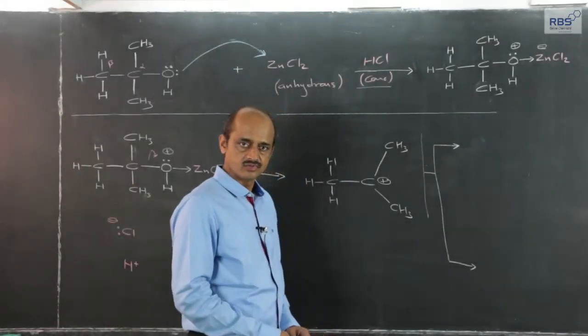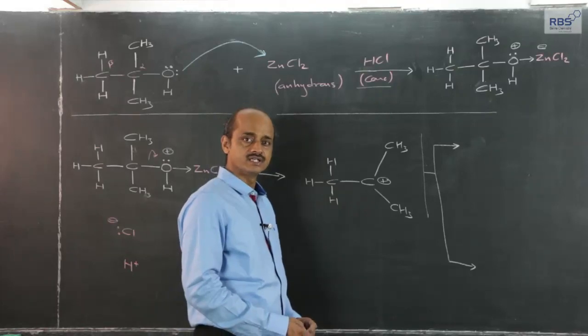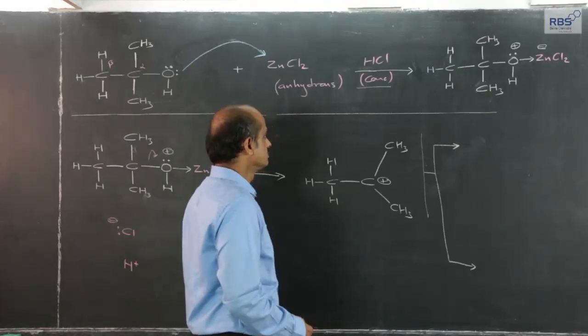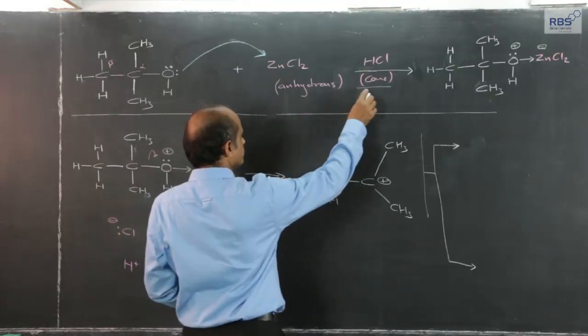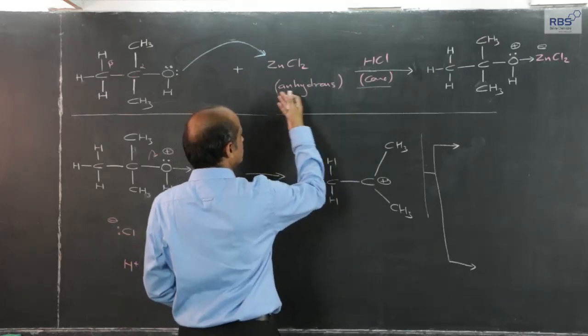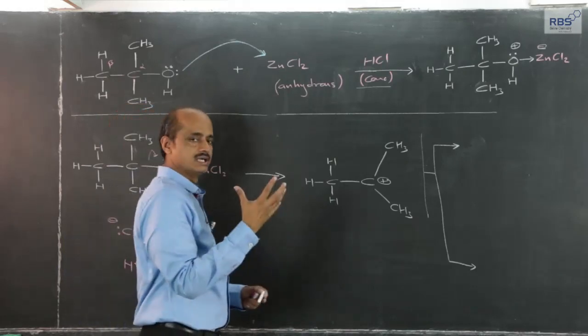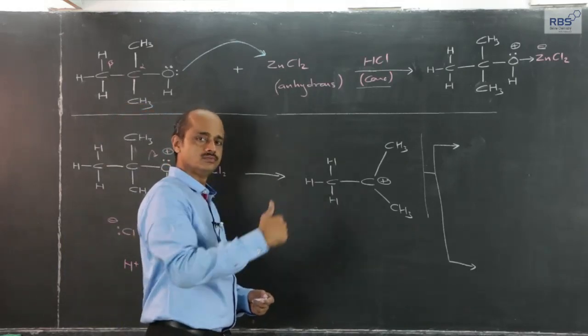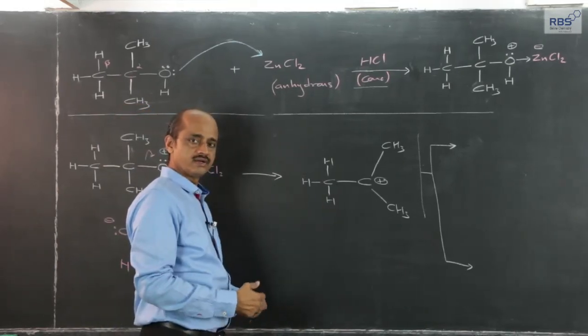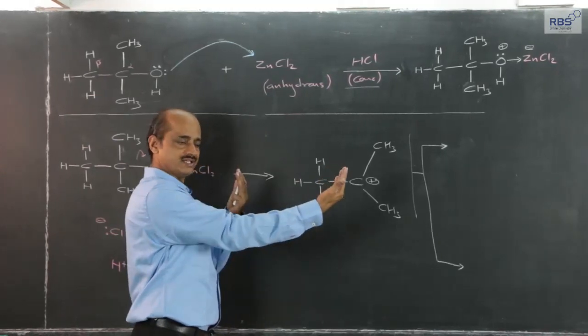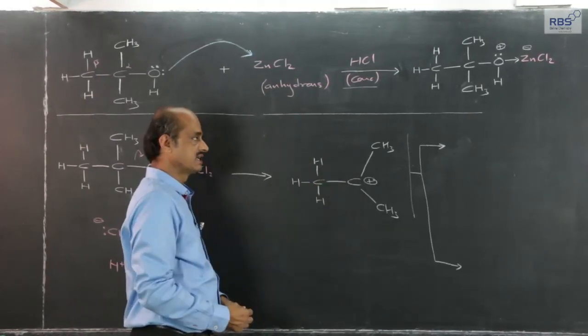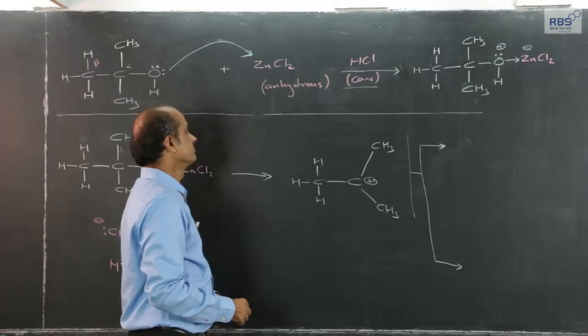Dear friends, we are considering the action of Lucas reagent on alcohols. A mixture of concentrated HCl and anhydrous ZnCl2 is Lucas reagent. Ultimately, it is a reaction of HCl with alcohol, and what we expect is that the OH group and Cl undergo a replacement reaction, a substitution reaction.